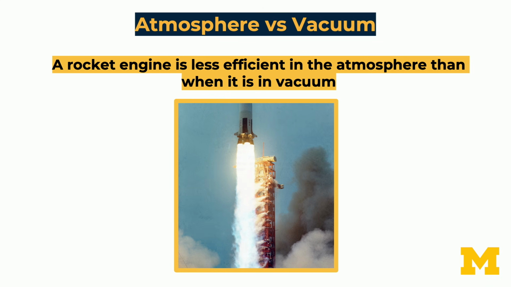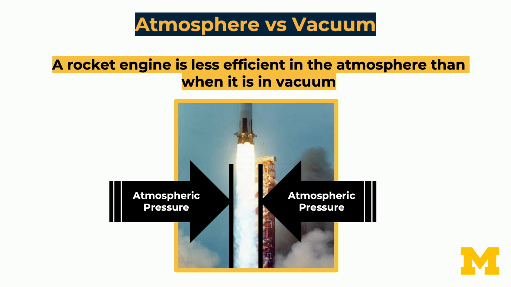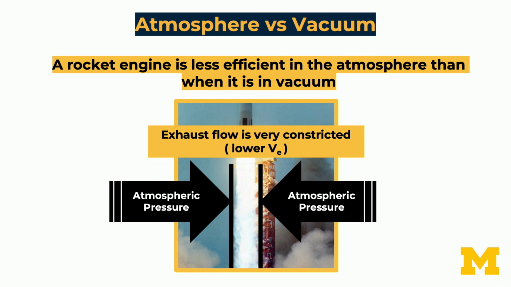All right, so a rocket engine is less efficient in an atmosphere than it is in a vacuum. The reason for that is because atmospheric pressure sort of compresses the exhaust. So the first part of the rocket burn happens in this really high atmospheric pressure region where the atmosphere is squishing the flow of the exhaust, and so it makes it very narrow.